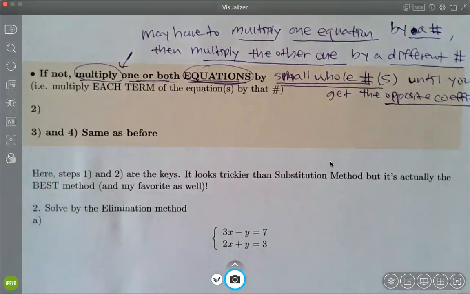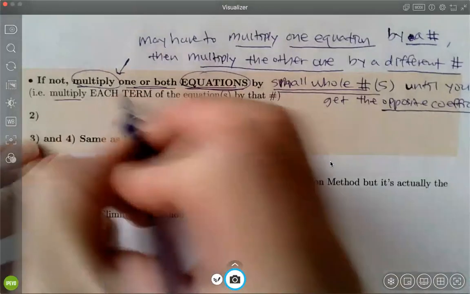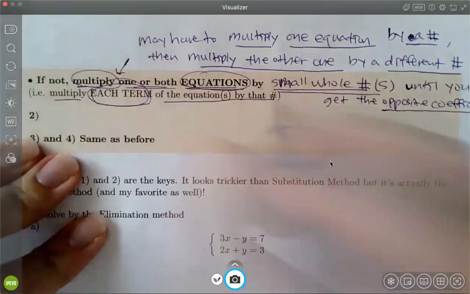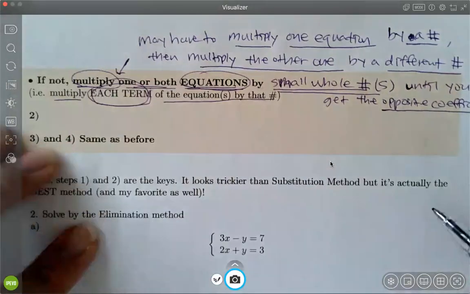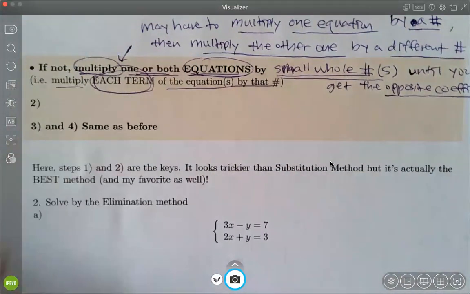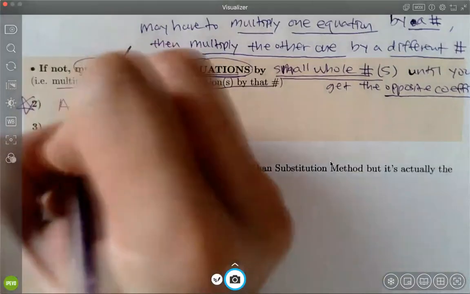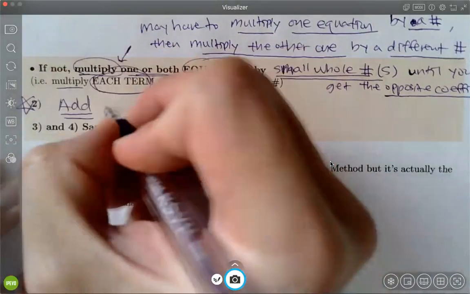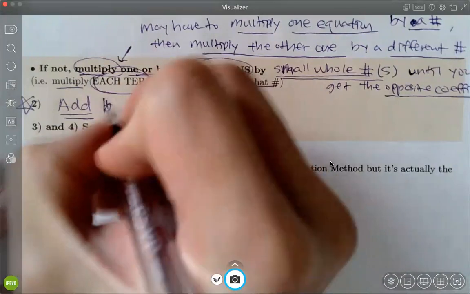So now, multiplying one or both equations by numbers or a number means multiply each term of the equations by that number. Okay, so now once you achieve the opposite coefficients for x or y, step number 2, you add both equations.